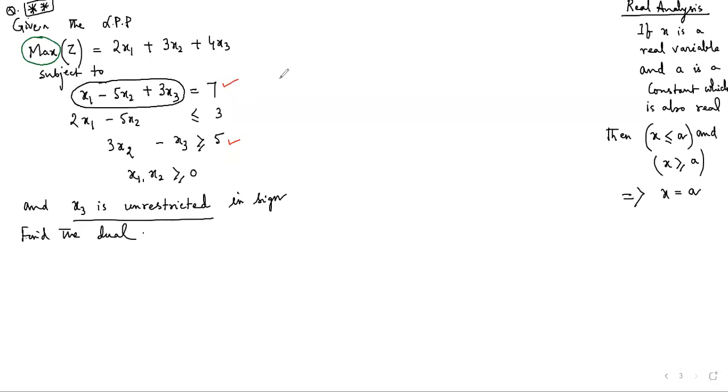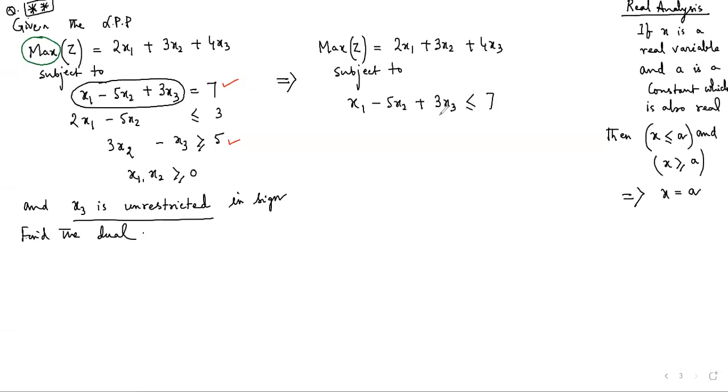So what we can do is the following: max z = 2x1 + 3x2 + 4x3, subject to, we can apply this rule over here, x1 - 5x2 + 3x3 less than or equal to 7, and at the same time x1 - 5x2 + 3x3 greater than or equal to 7 together by this rule.